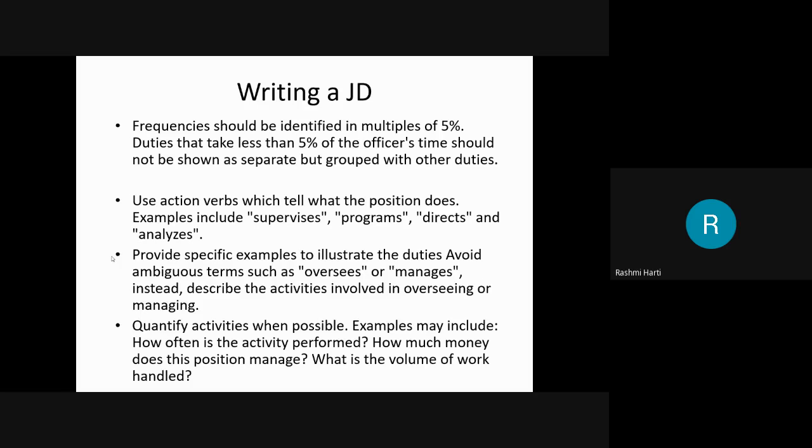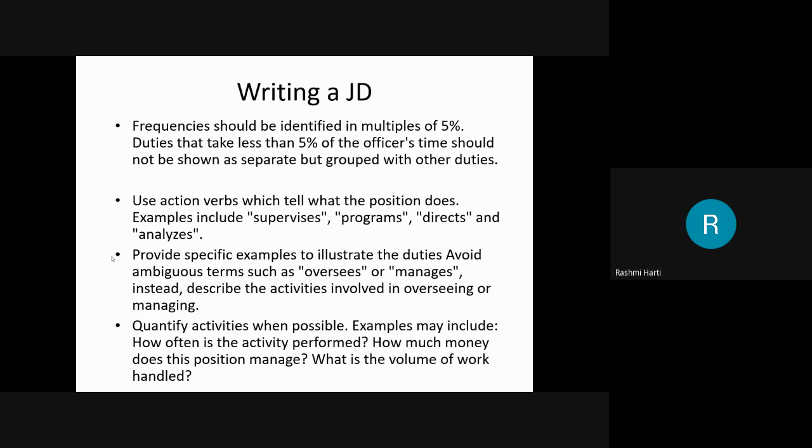Duties that take less than 5% of the officer's time should not be shown separately but grouped with other duties. Only the major duties are put forth, and the small duties are attached to them.